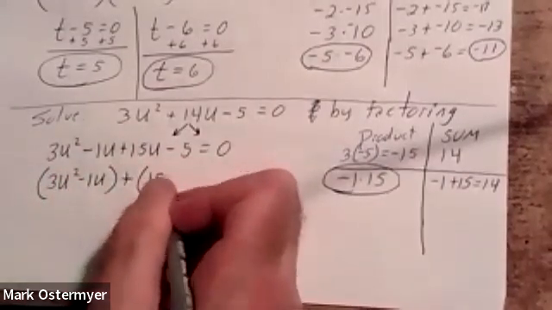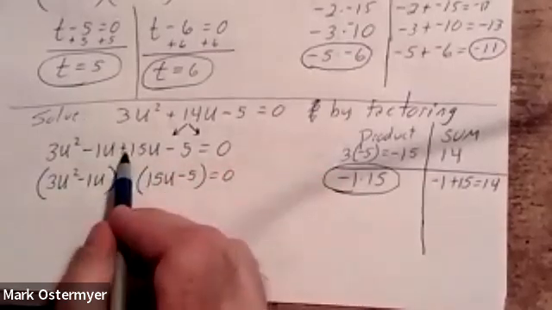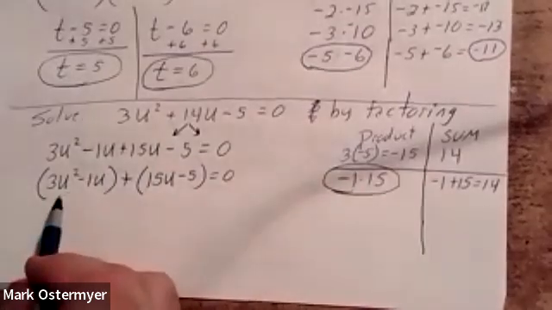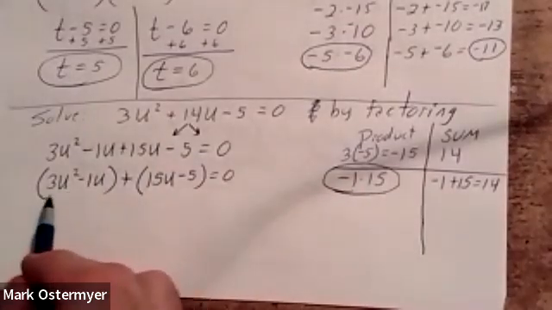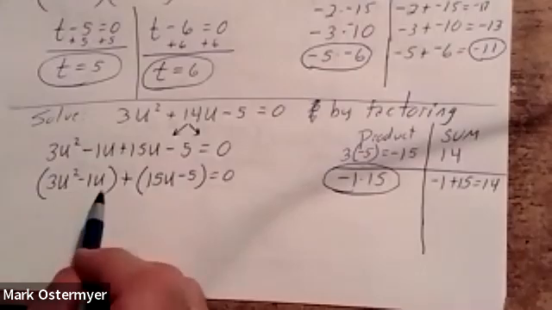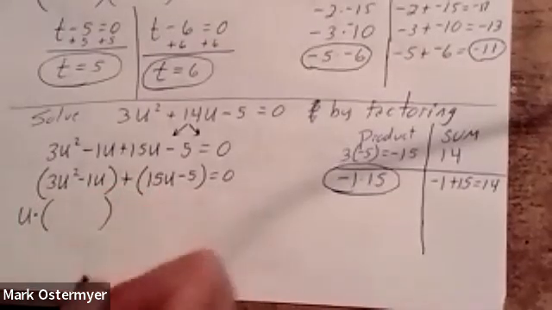No sign adjustment necessary on the last term because my third term is preceded by a positive sign. What can I factor out of the first two terms? A u. A u times what do I leave behind? 3u minus 1. Good.